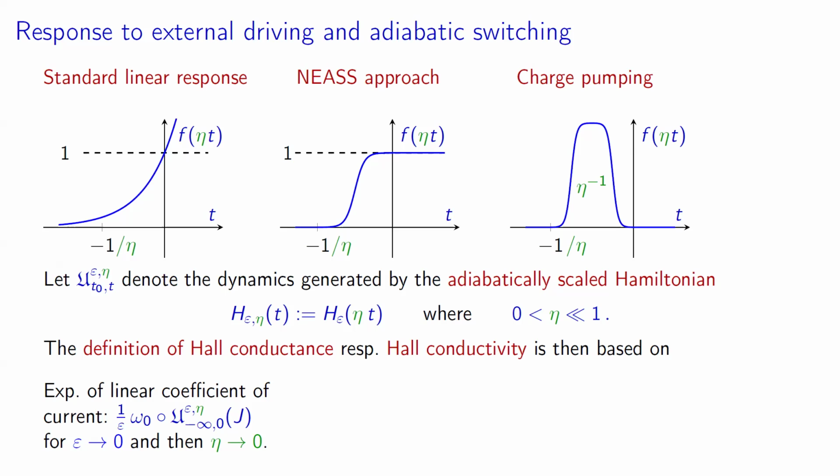So this will be the state under this evolution at time 0, and at time 0 I evaluate the current. My expectation is, of course, that the current is linear in epsilon, which is the size of the perturbation. So I divide by epsilon, take the limit epsilon to 0, so I get the linear coefficient of the current response at 0 field.